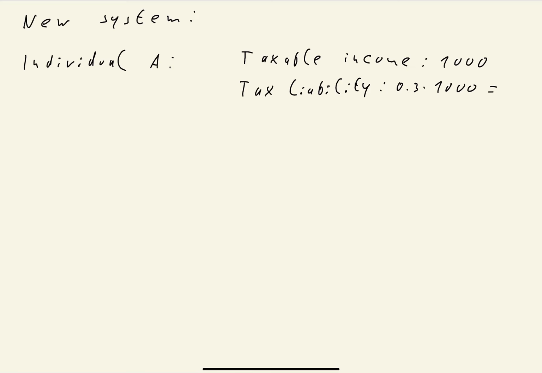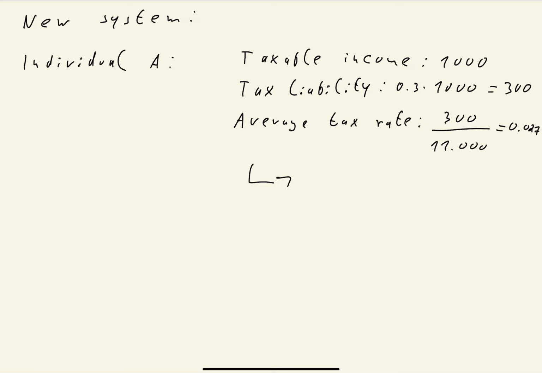So this is 300, and therefore the average tax rate is 300 divided by 11,000, and this is equal to what we had before, so 0.027.